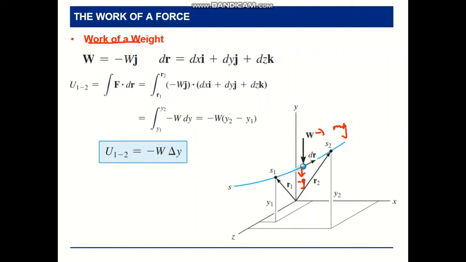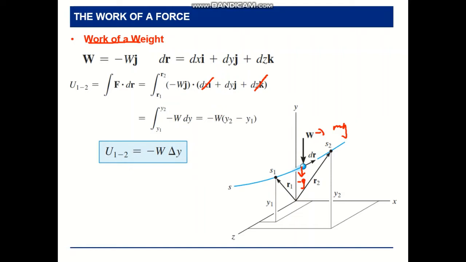If we take the dot product of the weight with dr, it's going to be minus w, which is mg in the j direction, multiplied by dx i plus dy j plus dz k. From the dot product, j times i is 0, and j times k is 0. j times j is 1, so we keep it.